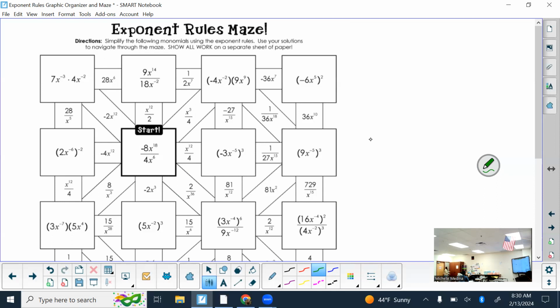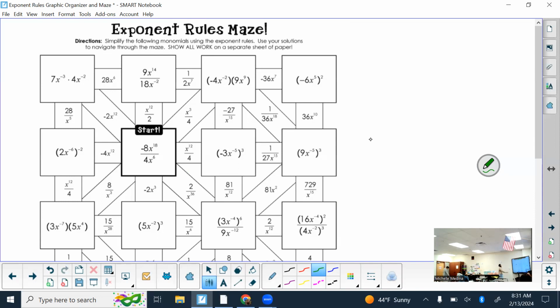Make sure you check that you're right before turning it in. This will go as an assessment grade in math lab based on work shown. So show some work. If you need a separate piece of paper, that's fine too, but show some work. The other half of the grade will be on accuracy. So if you notice you only did 3 problems and got to the end, then there's something wrong.